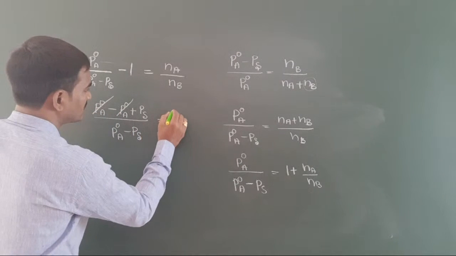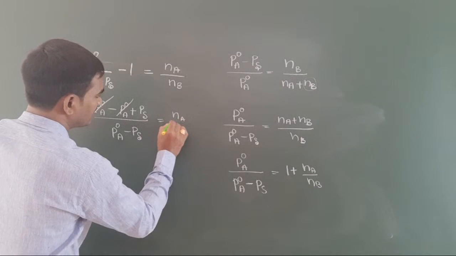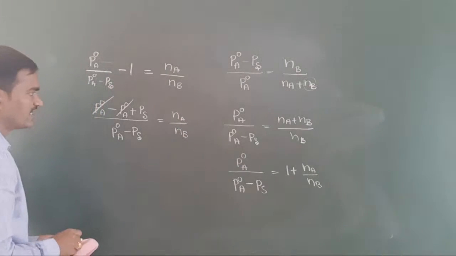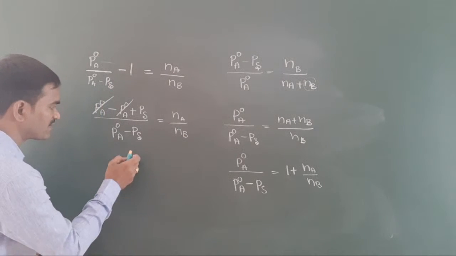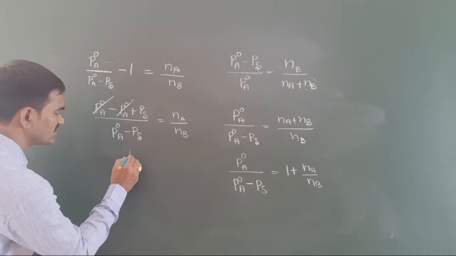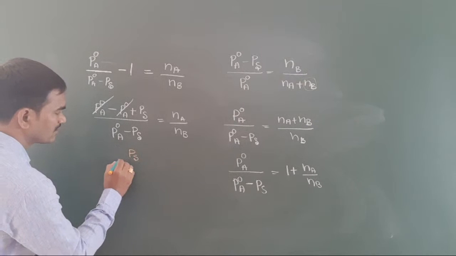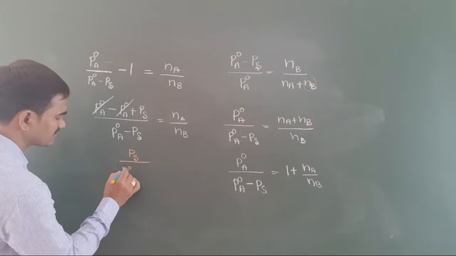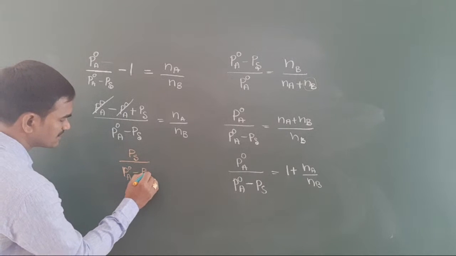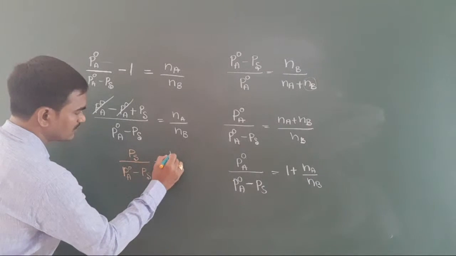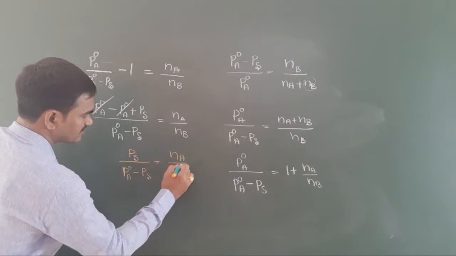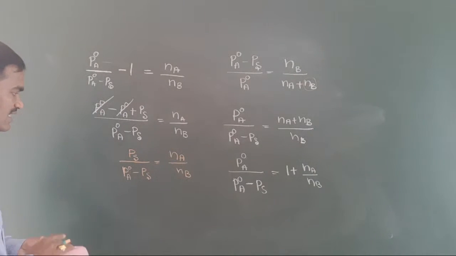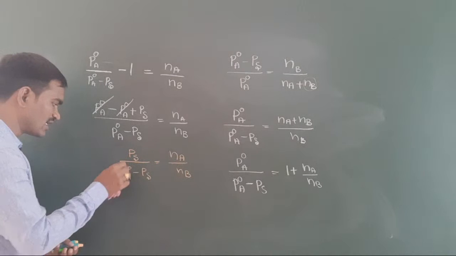Is equal to NA by NB. Okay, so overall, not final, just you see this: PS by P naught A minus PS is equal to NA by NB. You can take like this. Have you got it, what I am saying here?